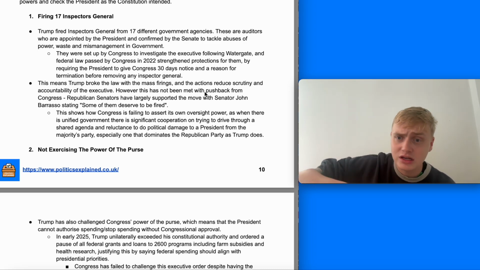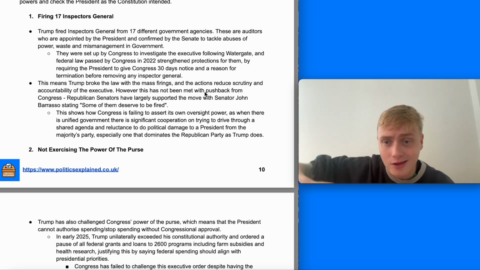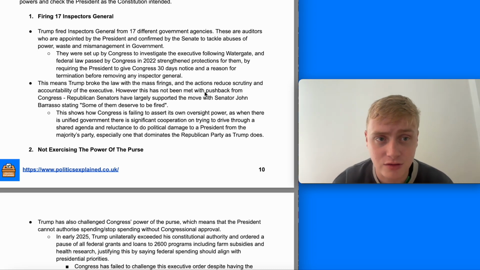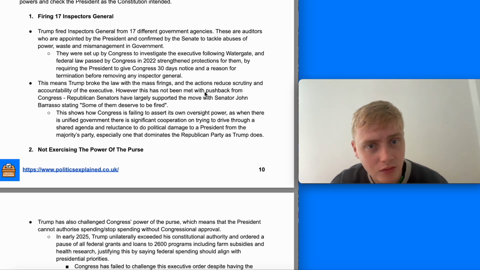So it's a really key form of oversight that Congress has introduced. However, Trump simply fired 17 of them, and Trump broke the law because Congress had introduced these by law and strengthened protections for them.